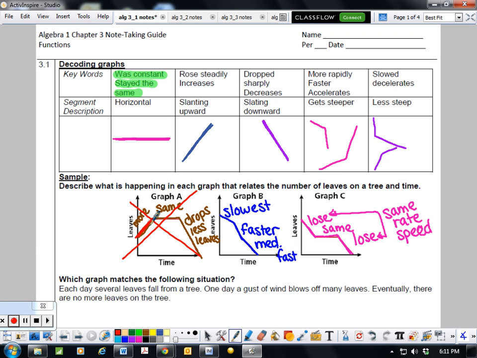And so we're losing leaves each day, so B or C could be fine. But it never says that we just stop losing leaves. So in this one, the amount of leaves stays the same right there at that constant, and so that can't be correct. So this one seems like, okay, slow, and then a big gust of wind, and then a little slower. So graph B would be correct for this situation.